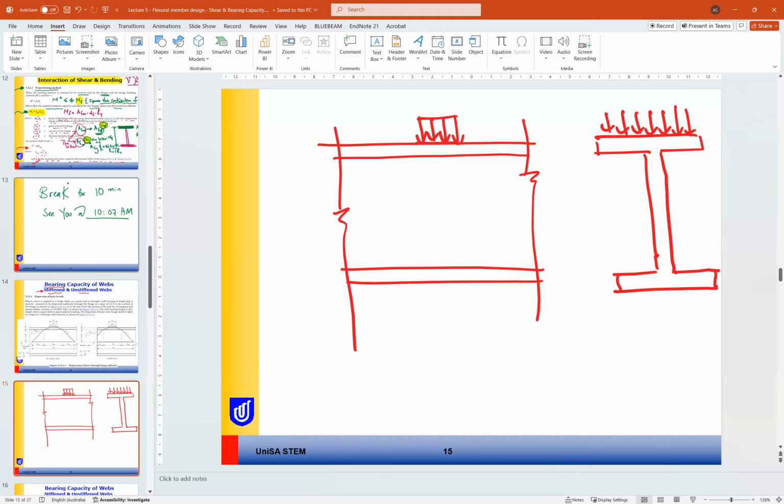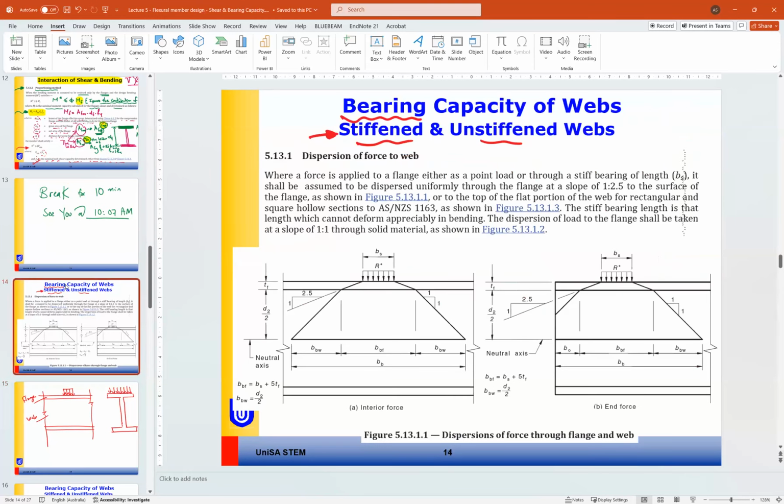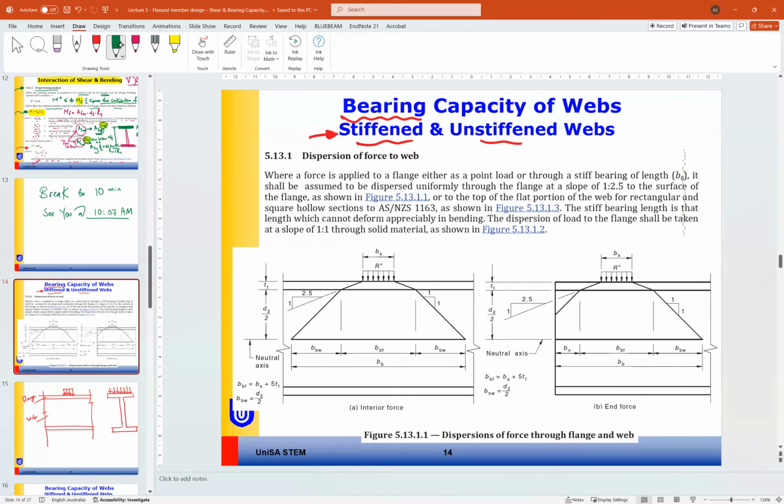This load will transfer through the flange to the web, and then we need to know what the slope is, or how the load is dispersed through the flange and the web.